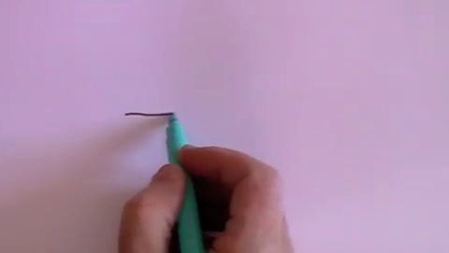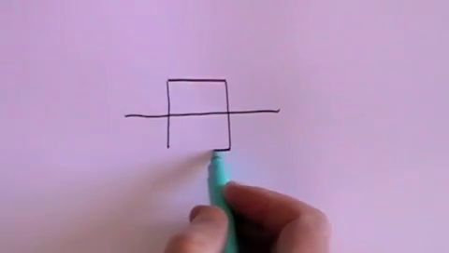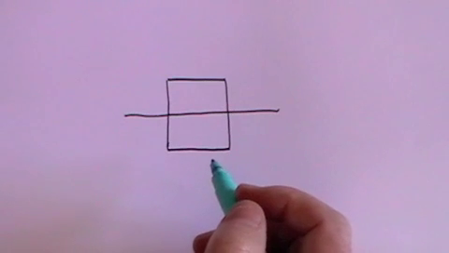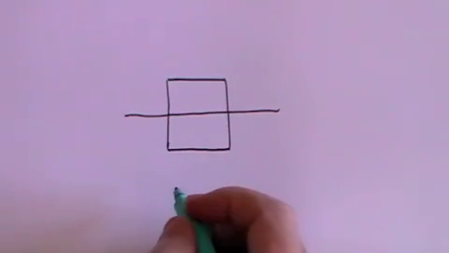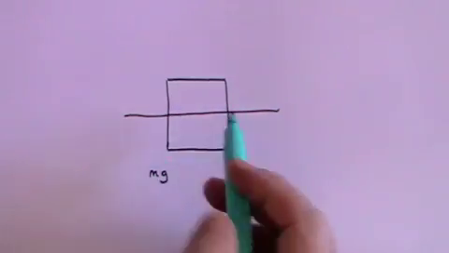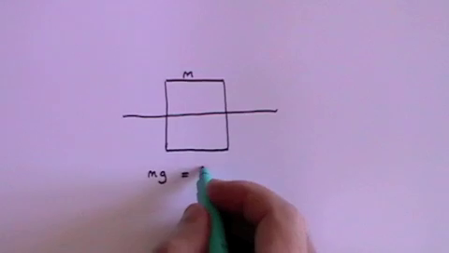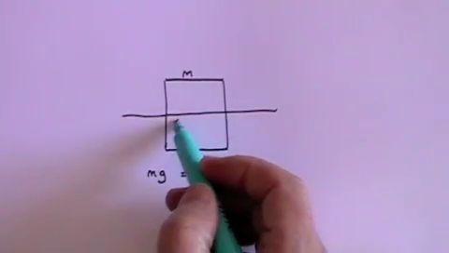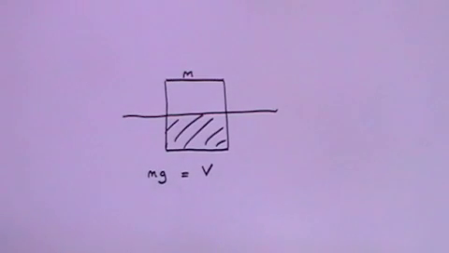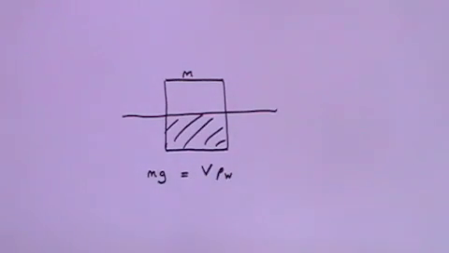So let's consider something like an iceberg floating in the sea. Here is the sea. Here is the iceberg. It will have an irregular shape, but let's just put it in the water like this. And we can say, as we've just shown, that the total weight of the iceberg, where the total mass of the iceberg is m, is going to equal the volume of the water displaced, which is essentially the volume underwater, times the density of the water.